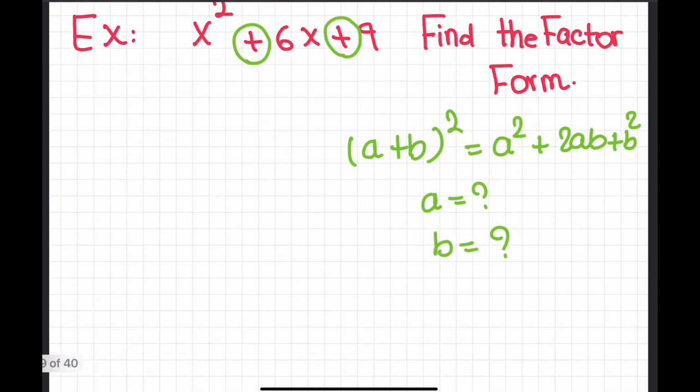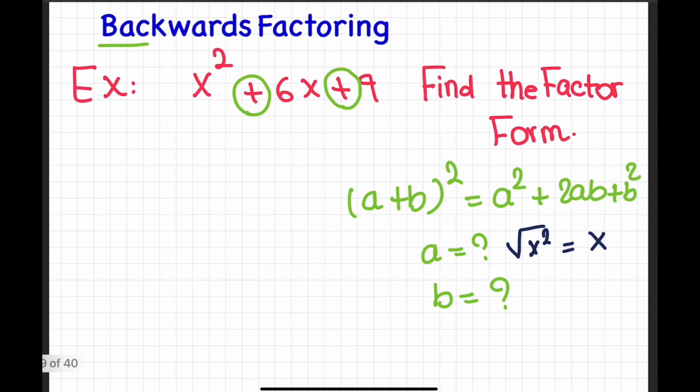To find a, you need the square root of x squared, which is x. To find b, you can see here 9.